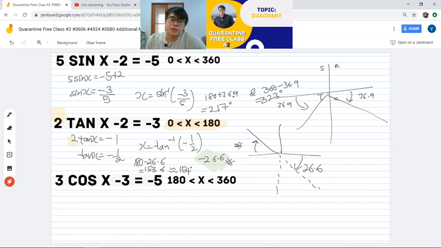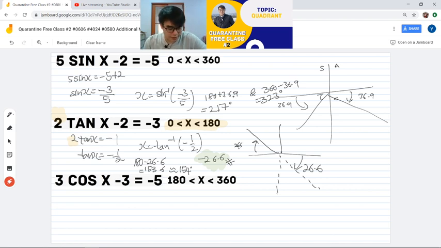Okay, the answer is only 154 because for tangent to be negative, it won't appear in the first quadrant. So you cannot write 26.6 as the answer. It's only one, which is 154 only. Okay, so you can check on this. For those who are done with this question, you can try the next one.